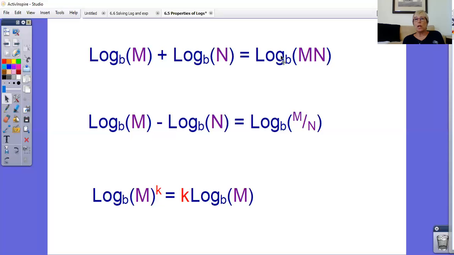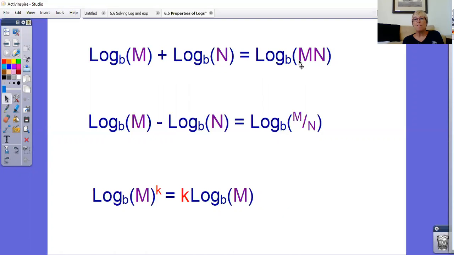You can take one log and expand it when your argument has more than one element in it. So here I have an m and an n, and I'm going to take this one log and expand it. Since I have two letters in here, I'm going to use two logarithms, and I'm just going to keep the base the same.